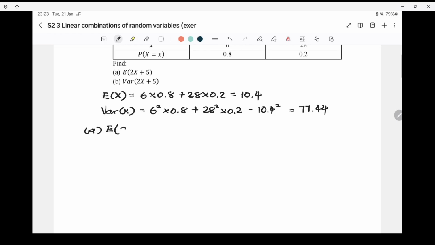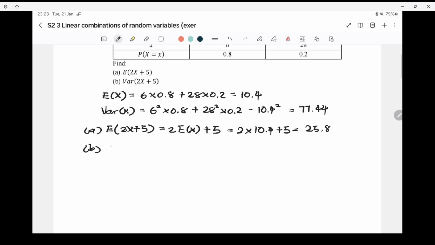So E(2x plus 5) will be 2E(x) plus 5. So you just take 2 times 10.4 plus 5. This will give you 25.8.